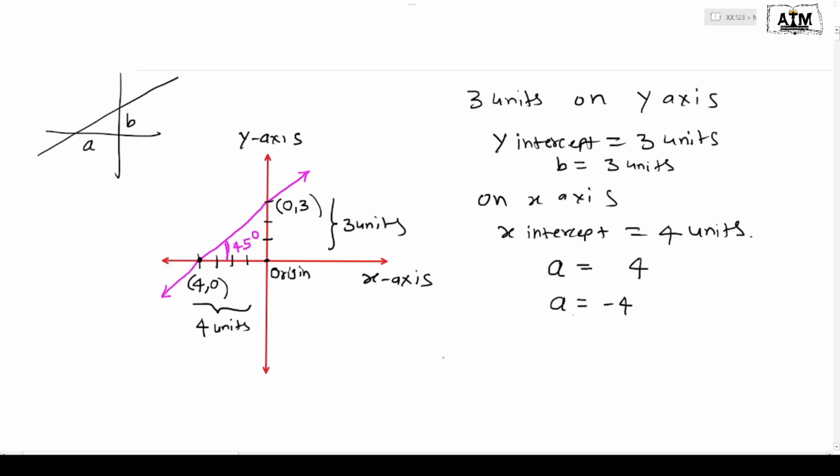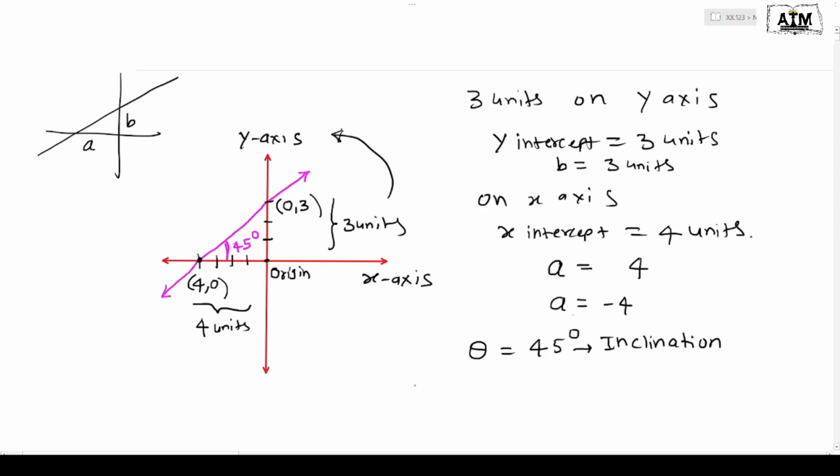The line is making an angle of 45 degrees with respect to the x-axis in the positive direction of x-axis, that is anti-clockwise direction. So theta equals 45 degrees. So how to find out slope? This 45 degrees is called inclination of the line.